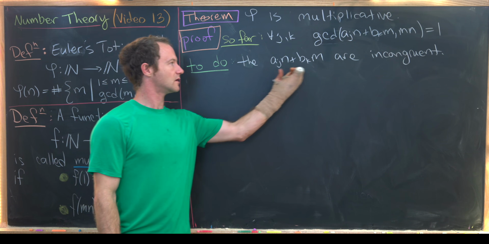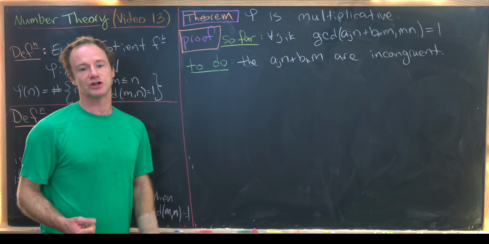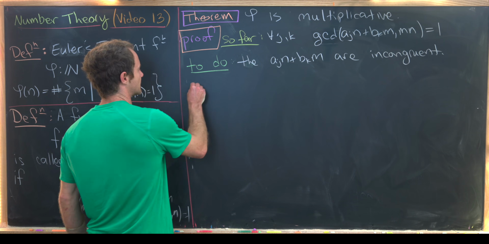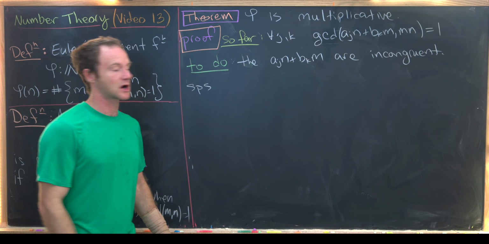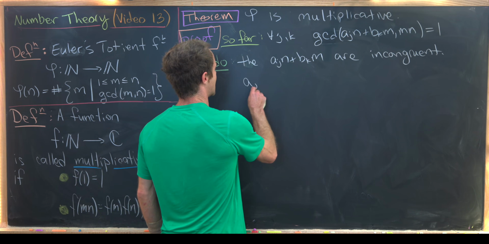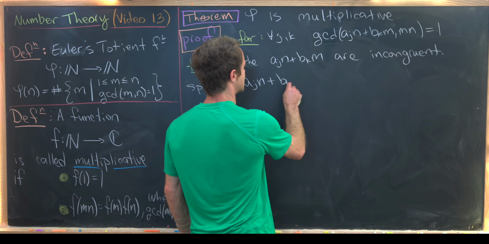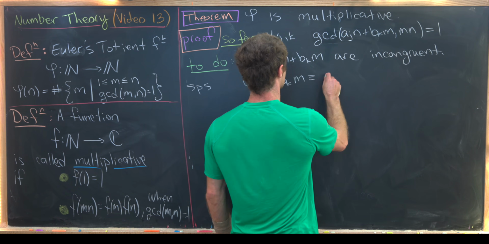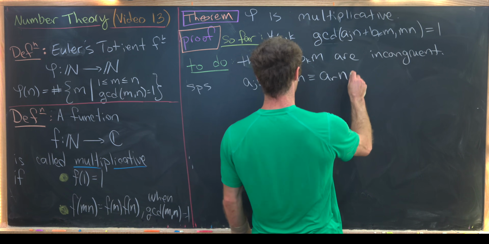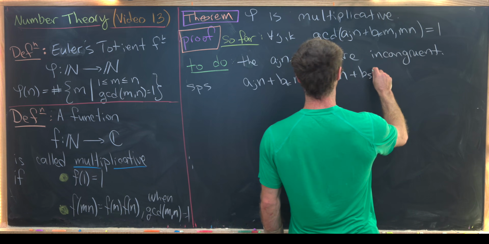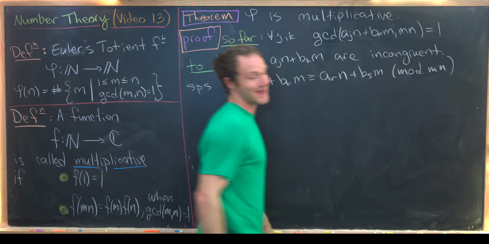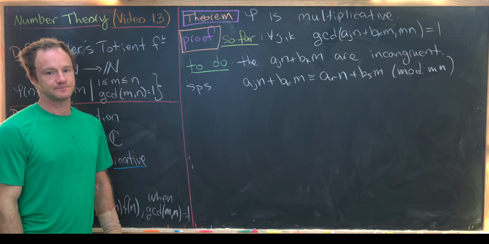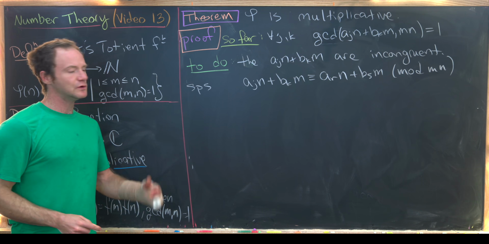We want to show that all of these are incongruent modulo mn. So let's start by supposing that we've got two of these that are congruent. So I'll say AJN plus BKM is congruent to ARN plus BSM, and this is occurring modulo mn, like that. Okay, well, let's move some things around.